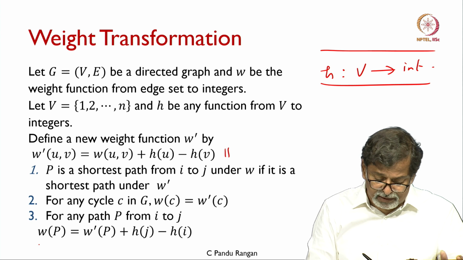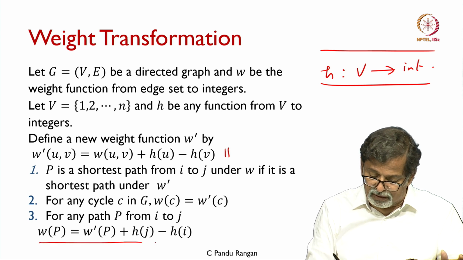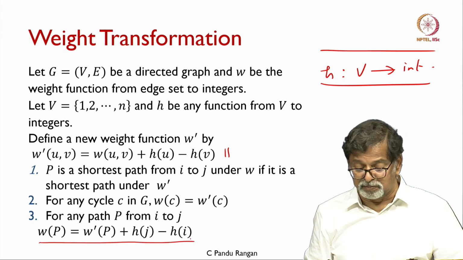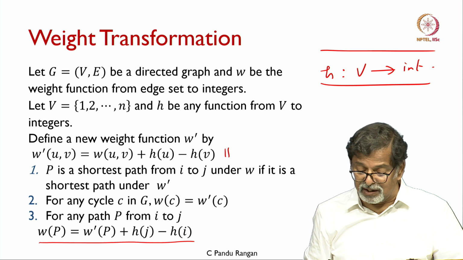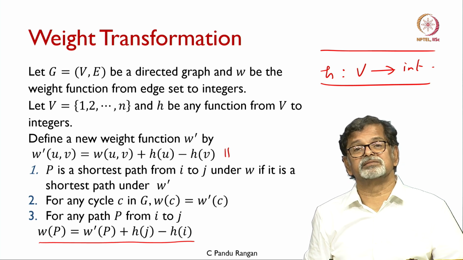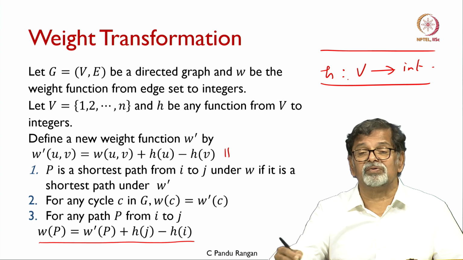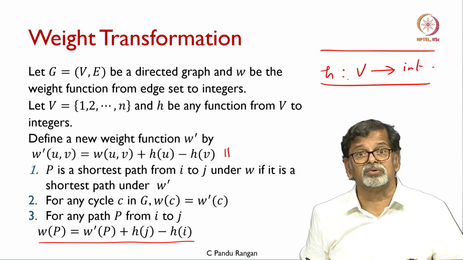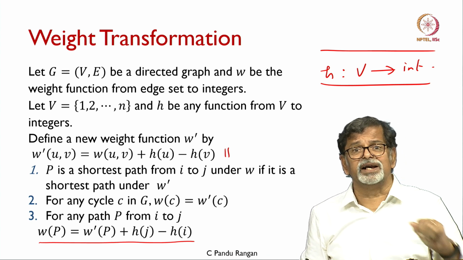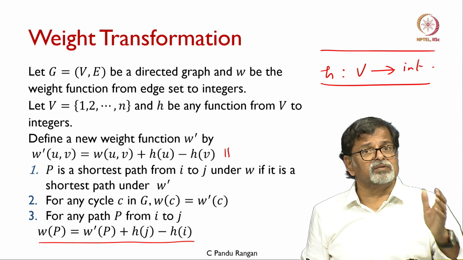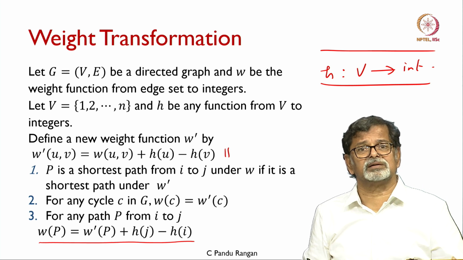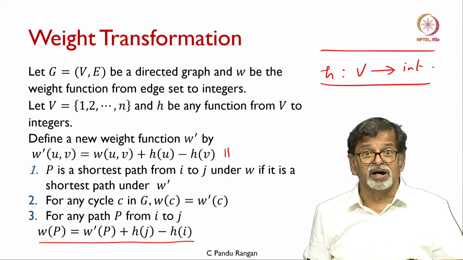How are the weights of the paths related? The weights of the path are related like this. w(P) is w dash(P) plus h(j) minus h(i). It is depending on only i and j. The h value of i and h value of j is known. So after finding the path, we will have the weight of the path under w dash.